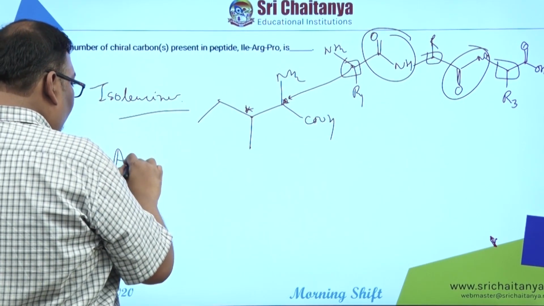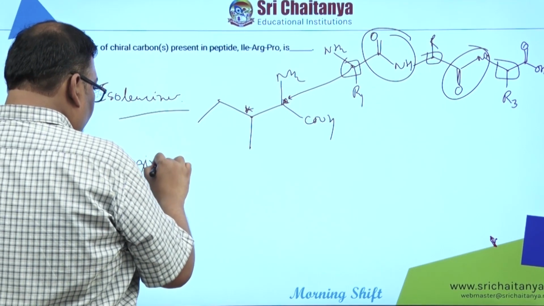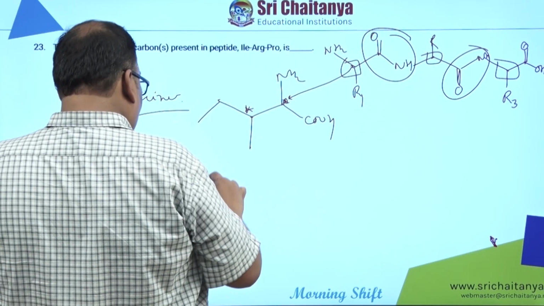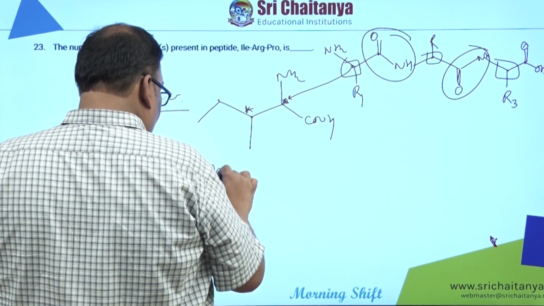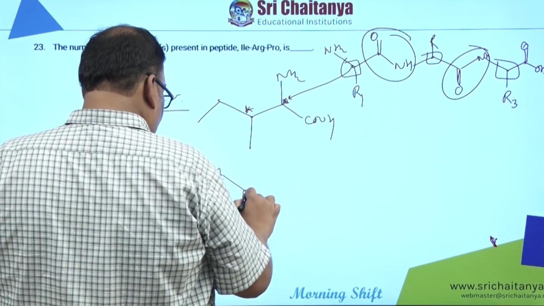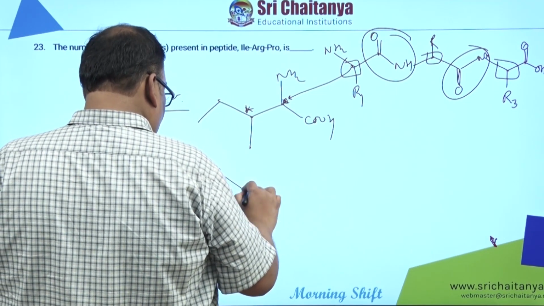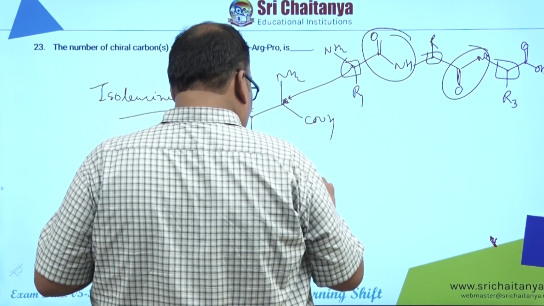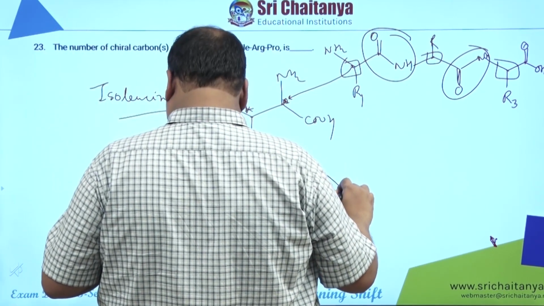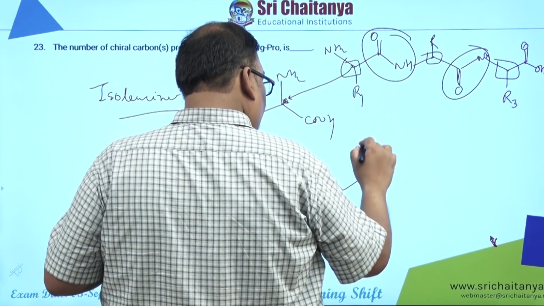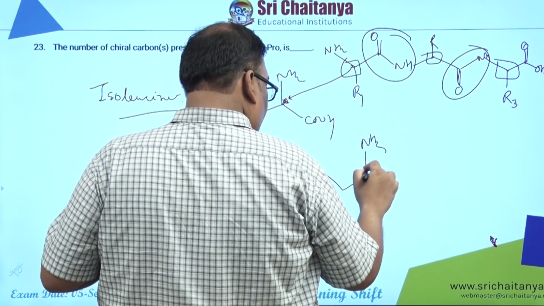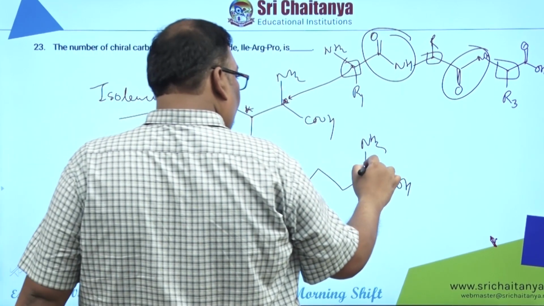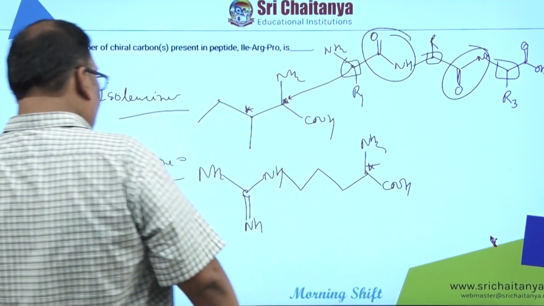Similarly, arginine is a basic amino acid, so its structure is something like this: NH2, C double bond NH, NH, then you are having 3 carbon atoms. And then you are having NH2, COH. So here the only chiral center is this carbon atom.